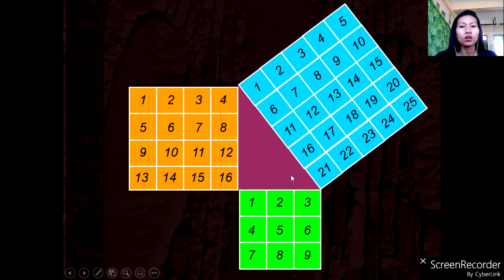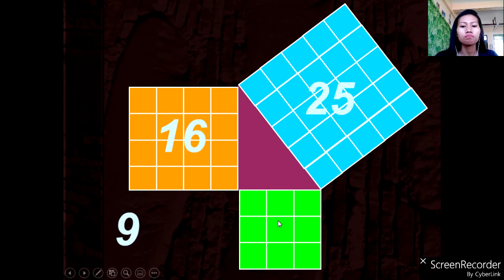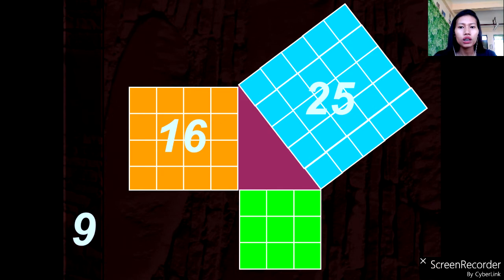For the square of 3, the total is 9 square units; for the square of 4, 16 square units; and for the square of 5, 25 square units.